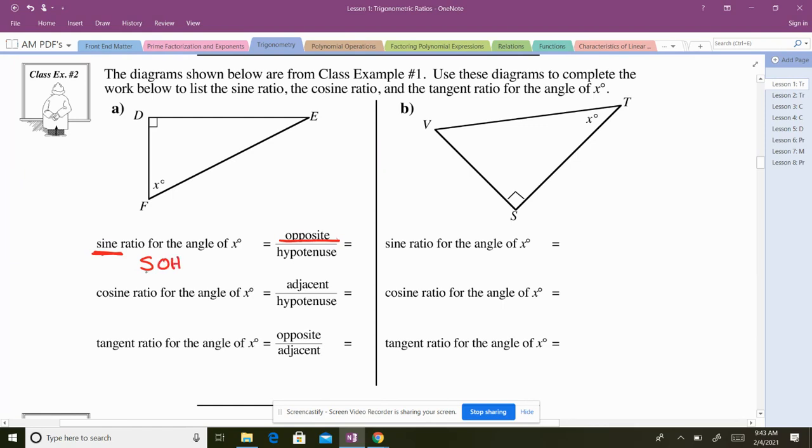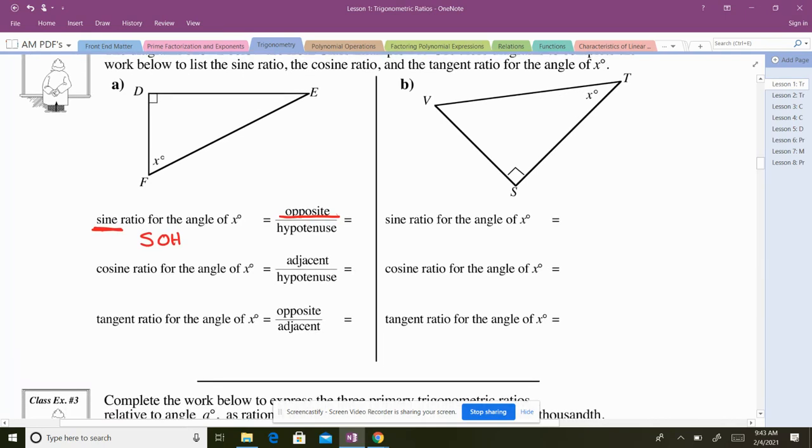Cosine is the adjacent side divided by the hypotenuse. That's the CAH. And the tangent is the opposite over the adjacent, the TOA.